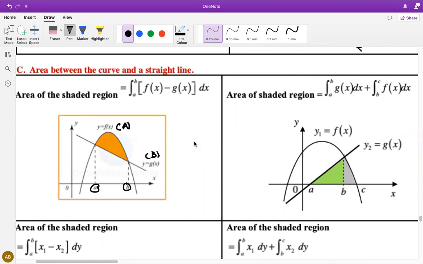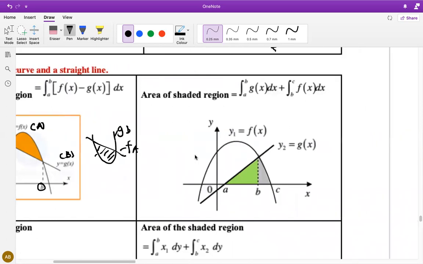Let's say I have another type like this, and I want to find this area. So this will be your f, this will be your g. This is above, this is below. So straight line minus the curve. Now it is the curve minus straight line.